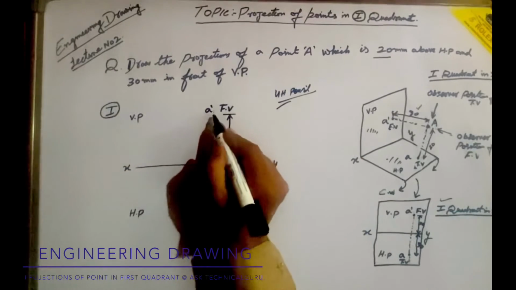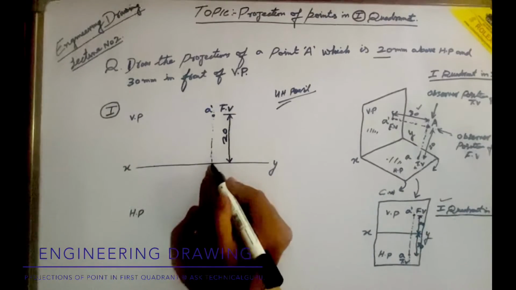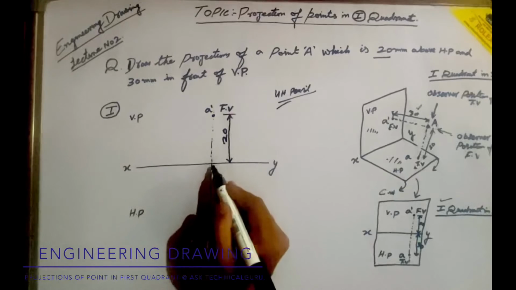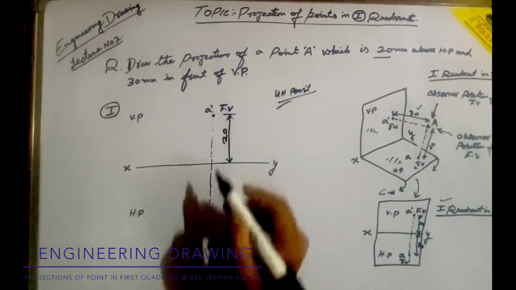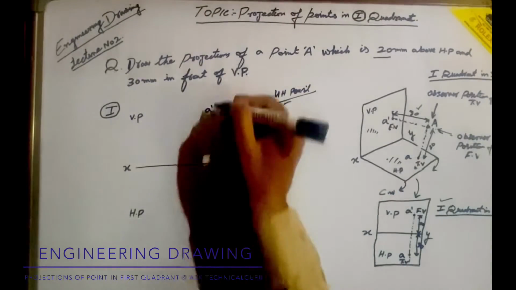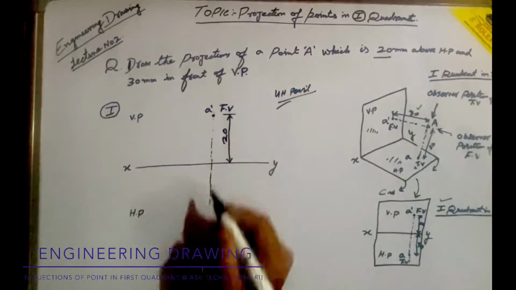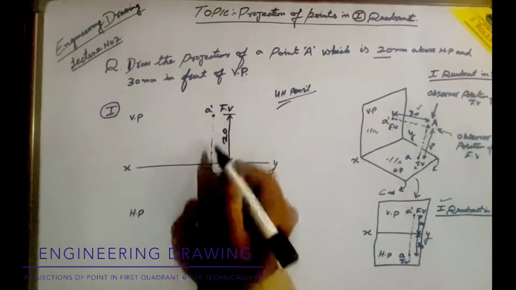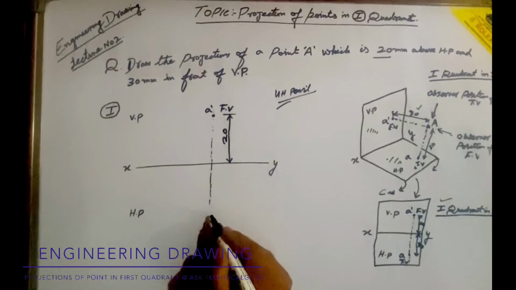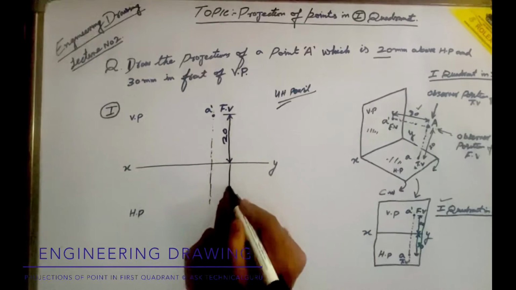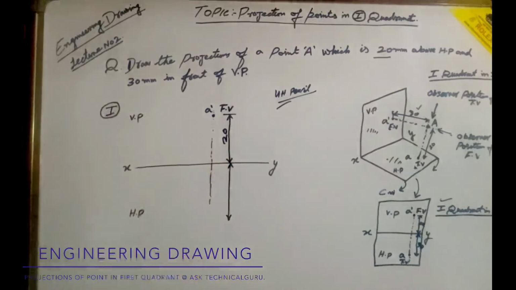Then how much distance we have to go from this xy line so that we will draw its top view? And remember that this top view and front view are drawn on the same projector. This is a projector, okay. So this projector goes all the way from this A dash to this point, and we have to stop it at that point where the actual distance is given in the question, that is 30 mm.